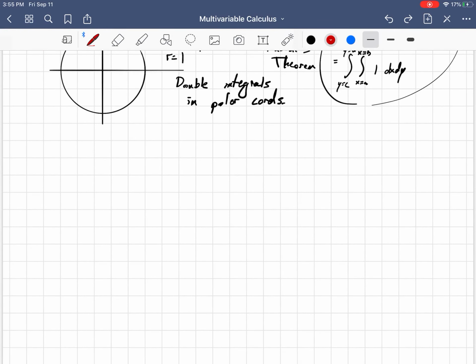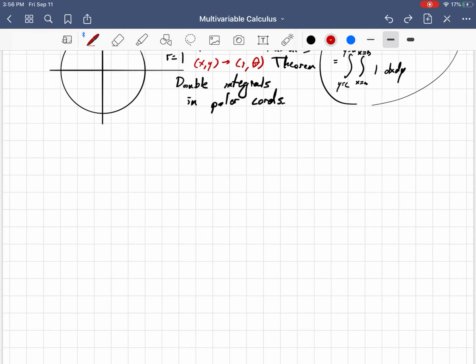So it might be tempting to just, in polar, right, we take a coordinate x, y, and it goes to r theta. So it might be tempting to just say that dx dy is equal to dr d theta, right? That is wrong. Don't do that. I will show you why.